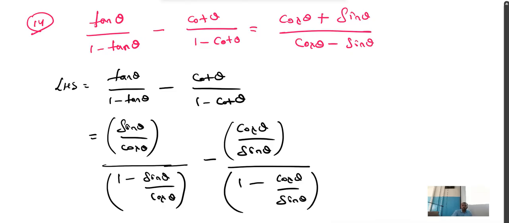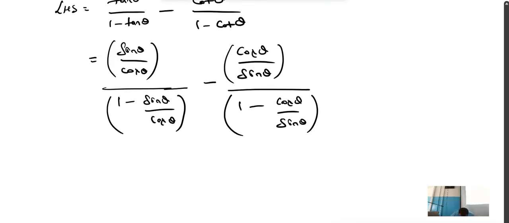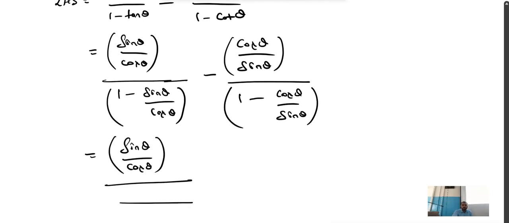Am I right? Okay. Simplify. Sin by cos. For the denominator we should take LCM, right?